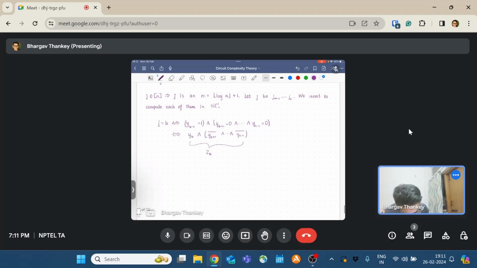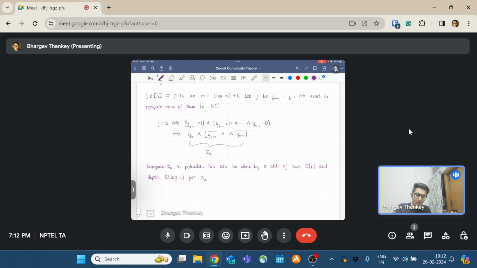So compute this, which can be done in order n size and depth per Z_B.